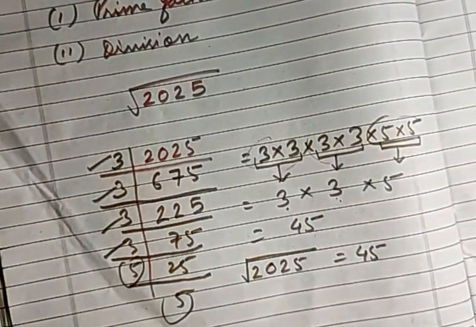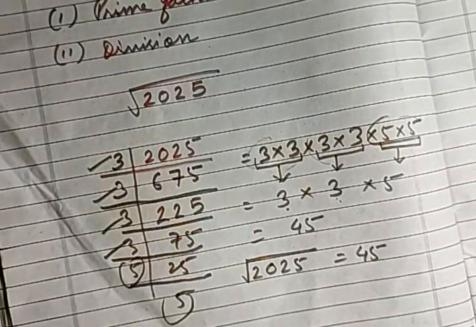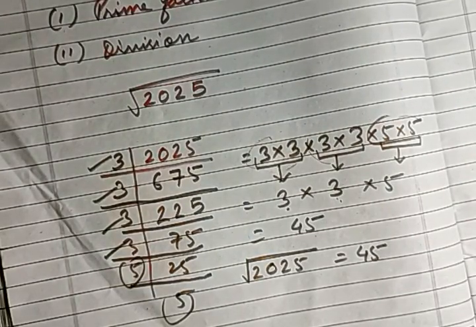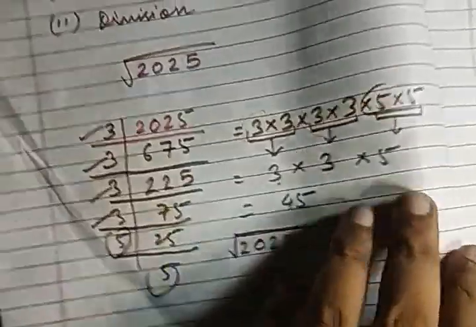Next let's try to understand the division method, how to do with the division method. So first of all we will try to learn the way to use the division method for perfect squares. Okay, just place the light.